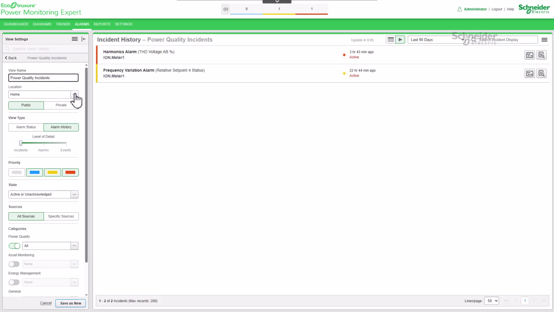As you can see, this view is set to public, meaning any user can access it. The view type is Alarm History with a detail level of incidents.